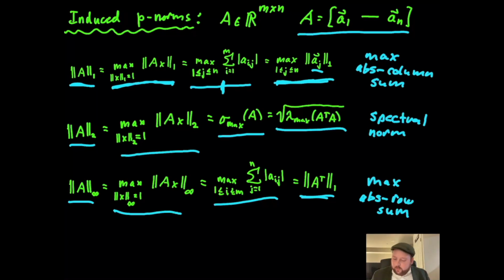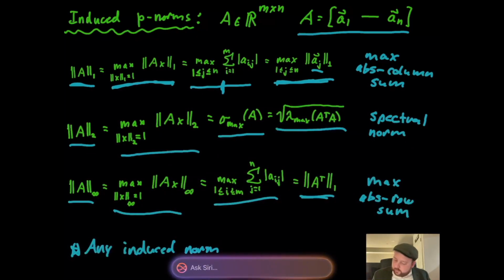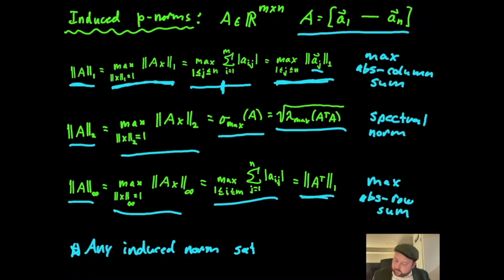One important property is that any induced matrix norm, not just the induced p norms, by the definition of the induced norm, satisfies that the norm of Ax is less than or equal to the norm of A times the norm of x.